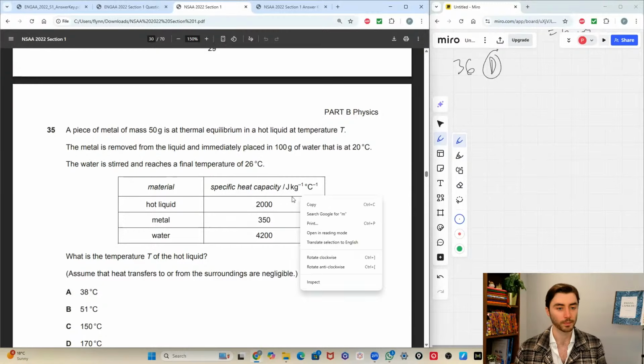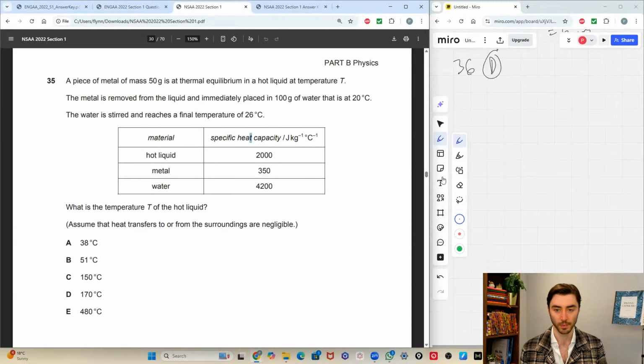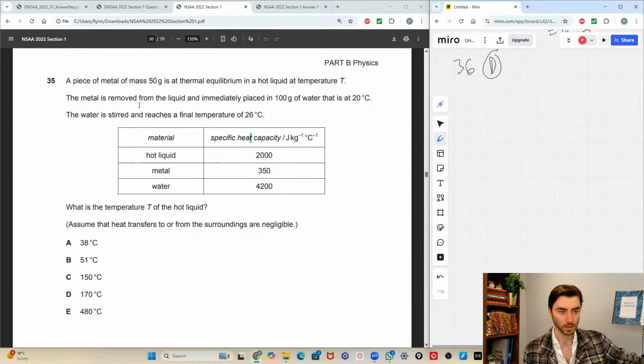Okay. A piece of metal. Now we're into the new stuff. Piece of metal mass is in thermal equilibrium, hot liquid at that temperature. Metal is removed and immediately placed in 100 grams of that.